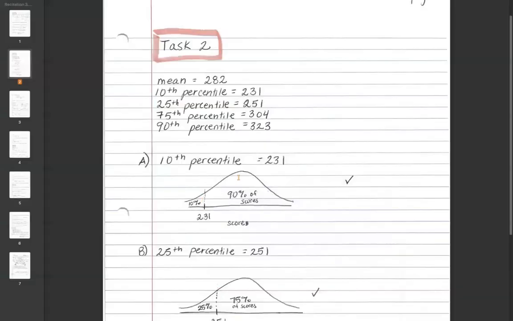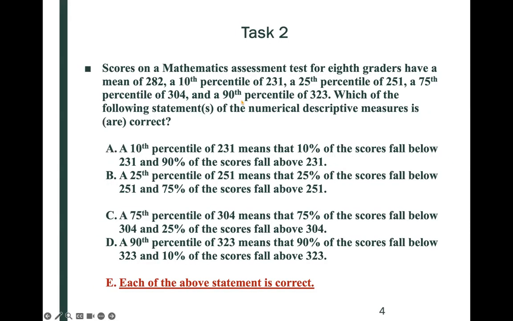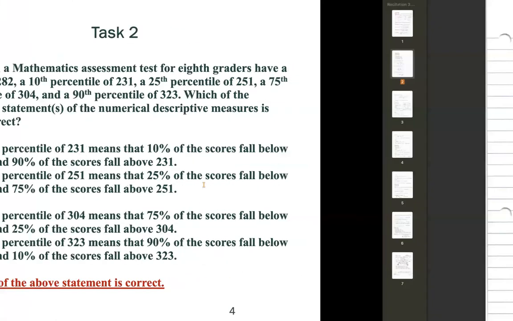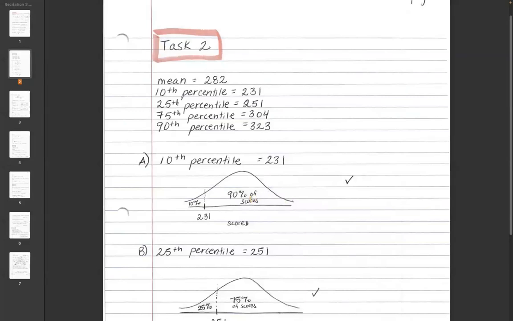Here I'm drawing a somewhat symmetrical normal curve, because that's how I visualize it. I'm just assuming that an assessment for 8th graders follows some sort of shape, but it's okay if the shape's not drawn to scale. I just use this to visualize.